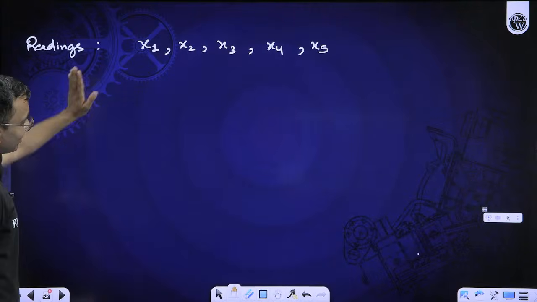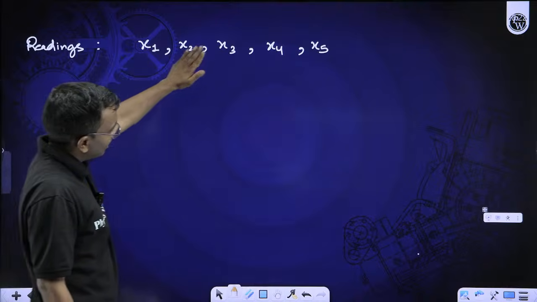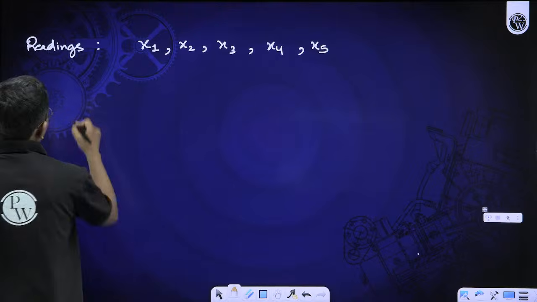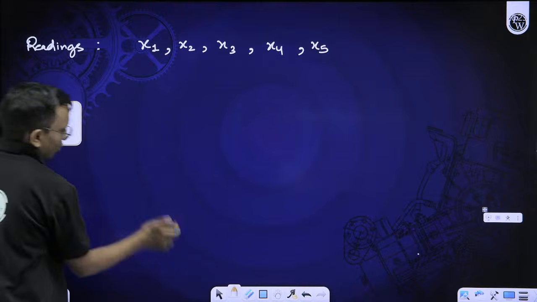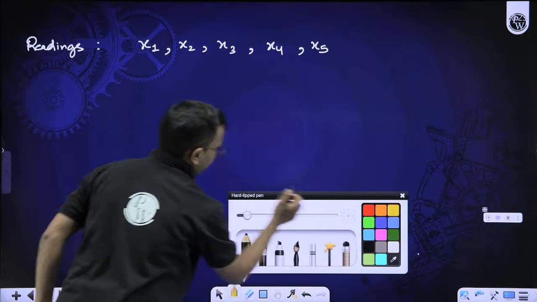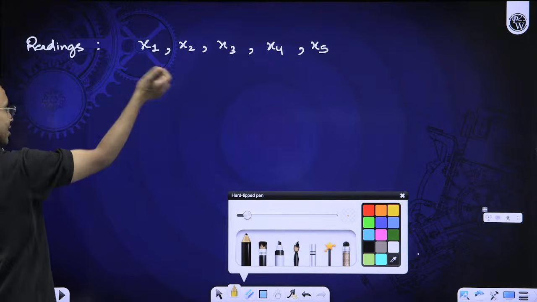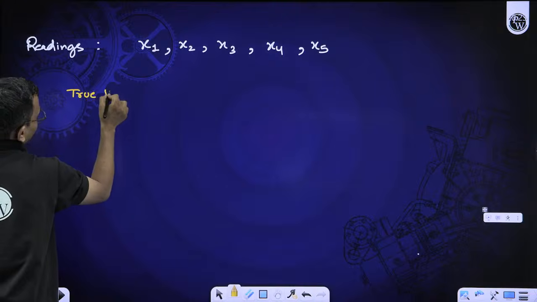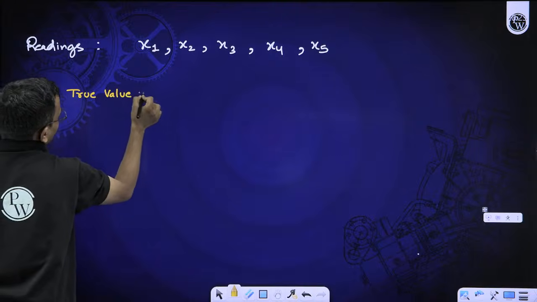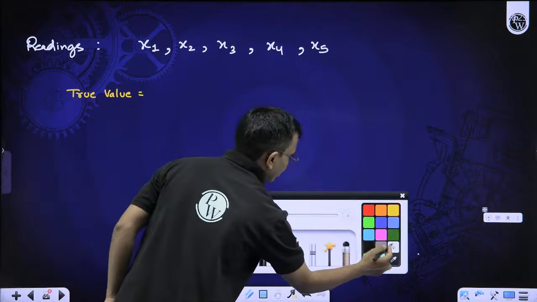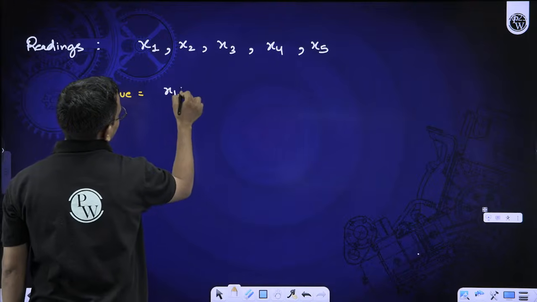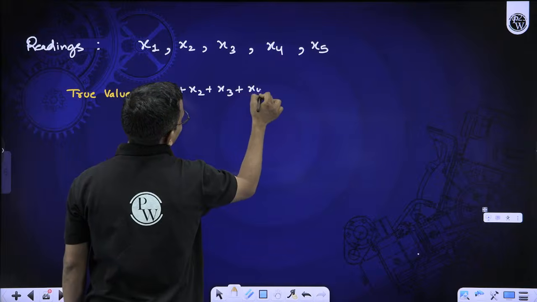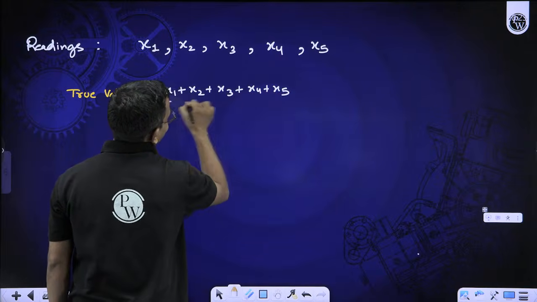So let us say you are measuring a value, and you did the experiment 5 times and got 5 values. Now we define the true value as the mean of these. If you know the true value, we take that as the true value, but if you don't know, we take the true value as the mean of these values: x1 plus x2 plus x3 plus x4 plus x5, divided by 5.